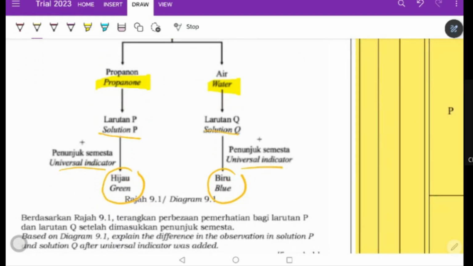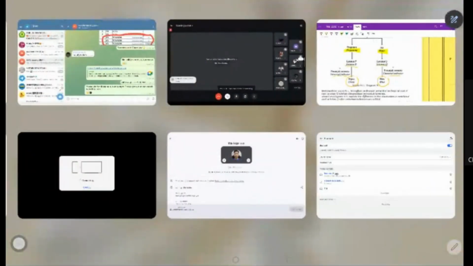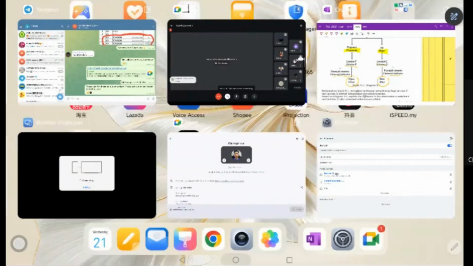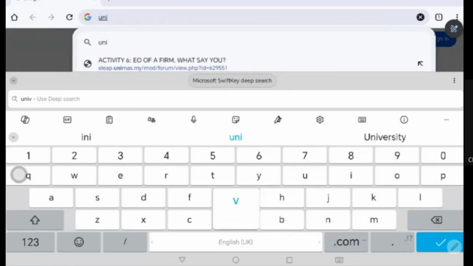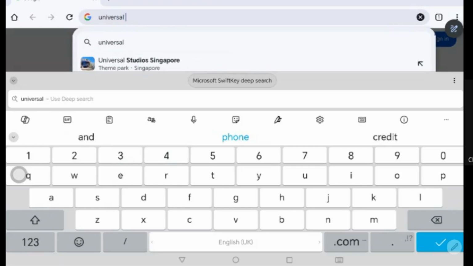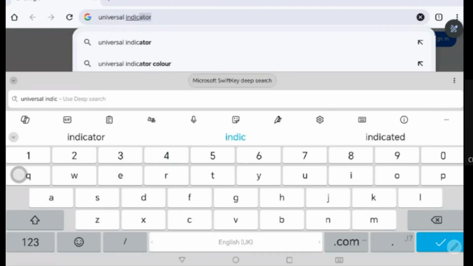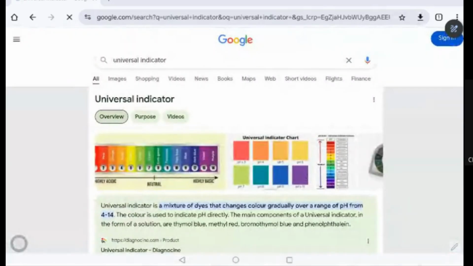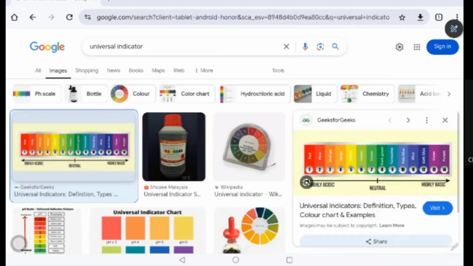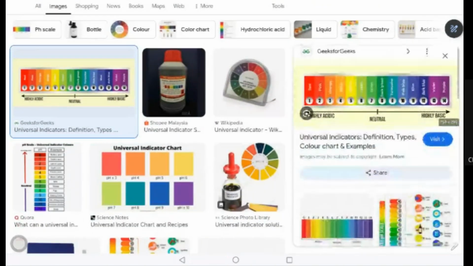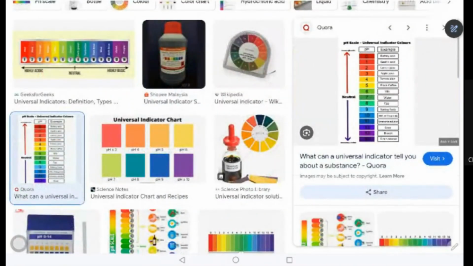Okay, I try to search universal indicator. Okay, so look into images. I use this.